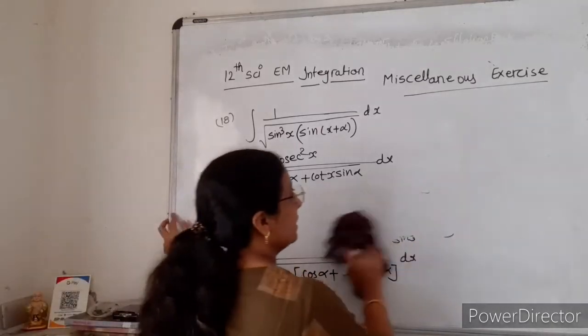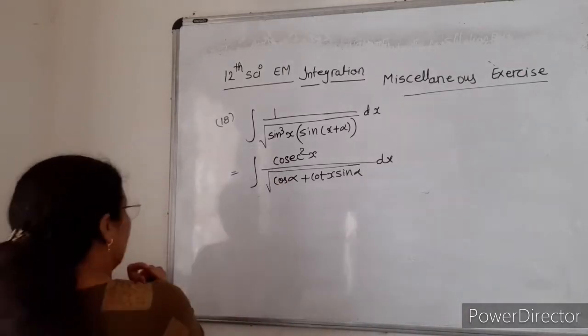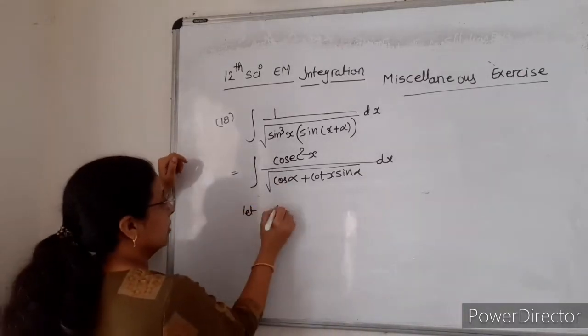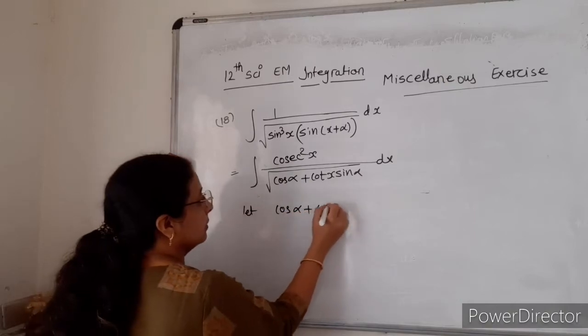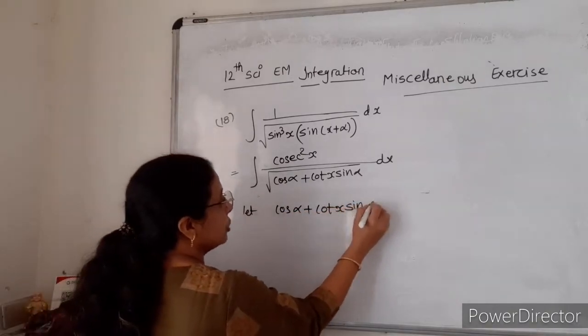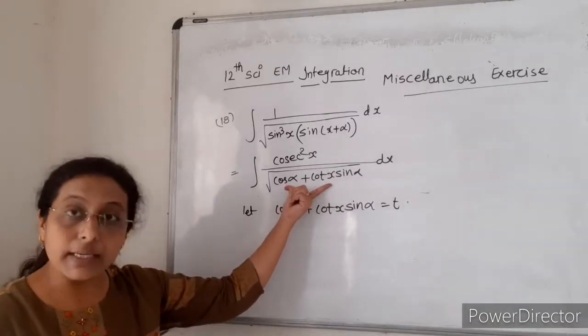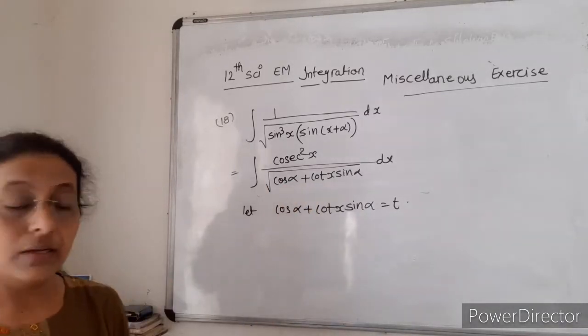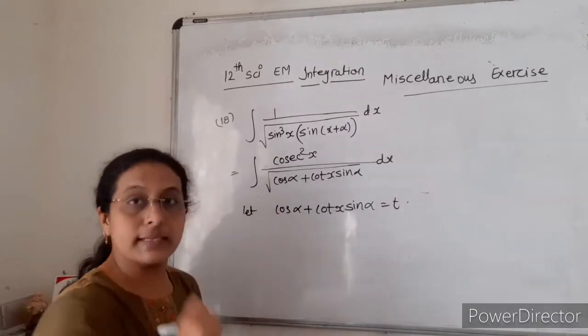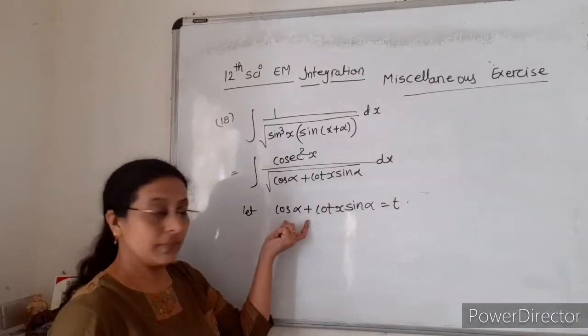Now if I will take, let cos alpha plus cot x into sine alpha is t. Whatever is given in the denominator, that I will take as t. So what happened? Cos alpha is constant and that is 0.